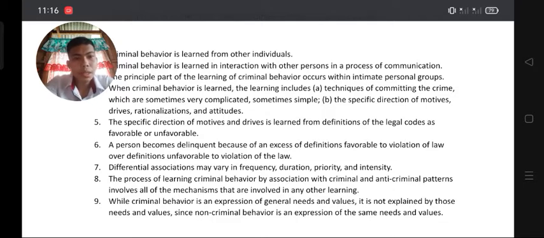The process of learning criminal behavior by association with criminal and anti-criminal patterns involves all the mechanisms that are involved in any other learning. While criminal behavior is an expression of general needs and values, it is not explained by those needs and values, since non-criminal behavior is an expression of the same needs and values.